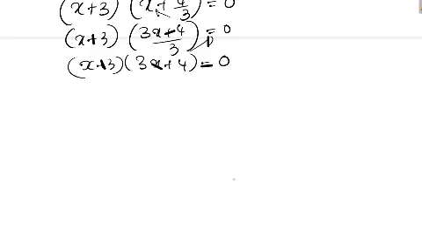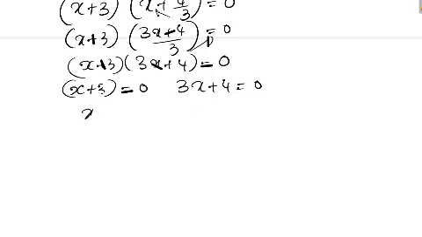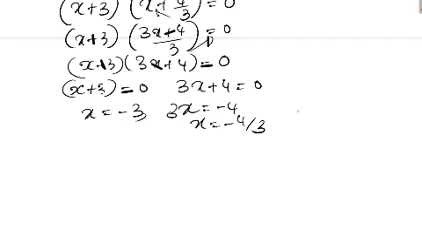Then using the zero product property, we can write x plus 3 is equal to 0 and 3x plus 4 is equal to 0, which means x is equal to negative 3, and 3x is equal to negative 4, so x is equal to negative 4 over 3. These are the solutions.